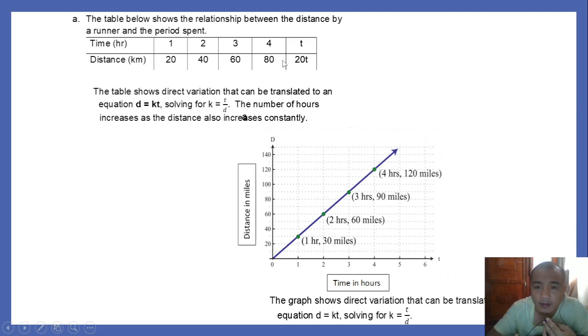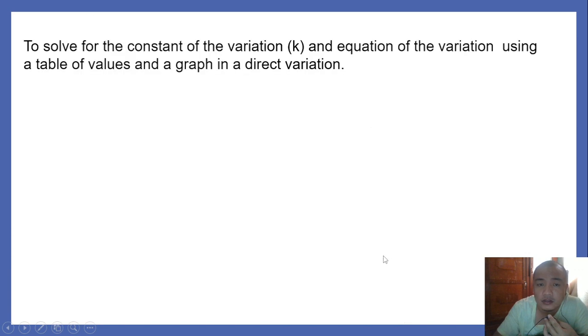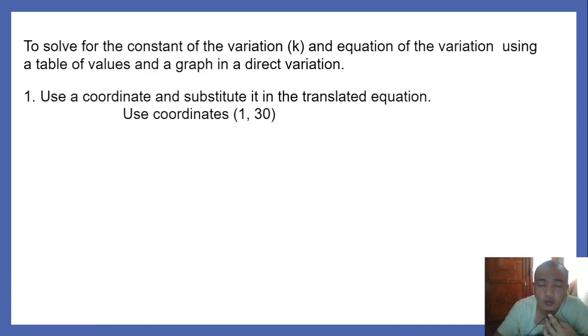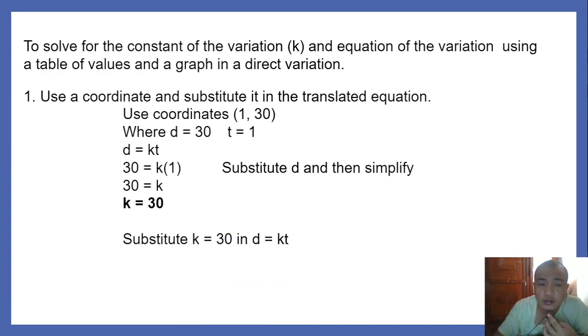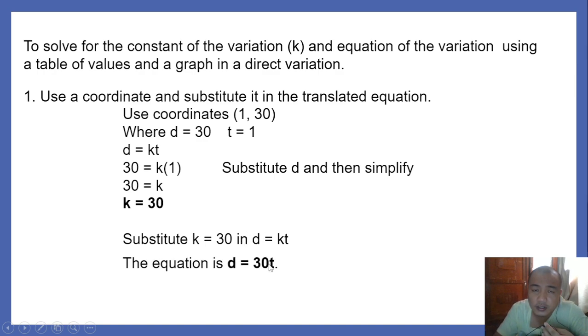Not the table. The table is different from the graph, so to solve the equation of the graph, we use coordinates (1, 30). Let's first solve for k, which is 30. Substituting that into d equals kt, we have d is equal to 30t.